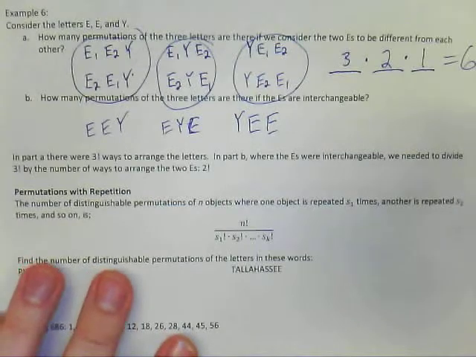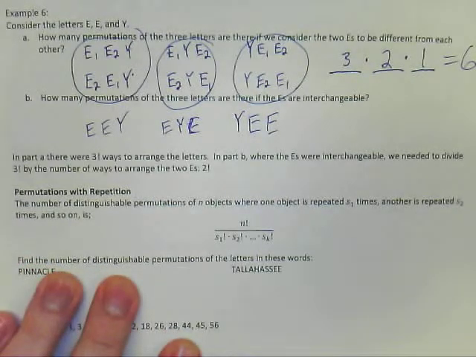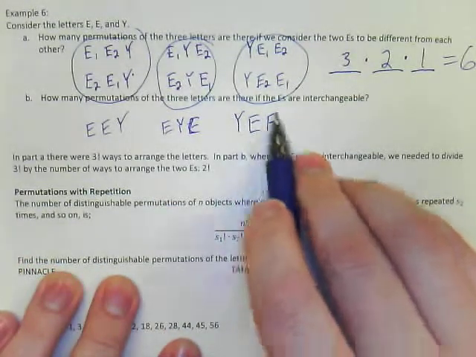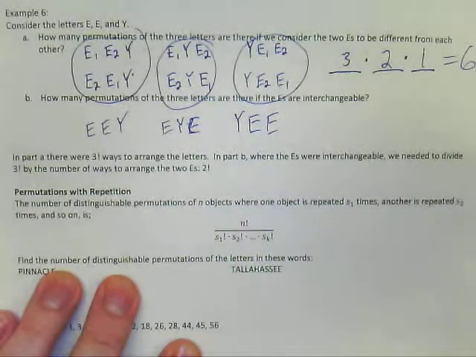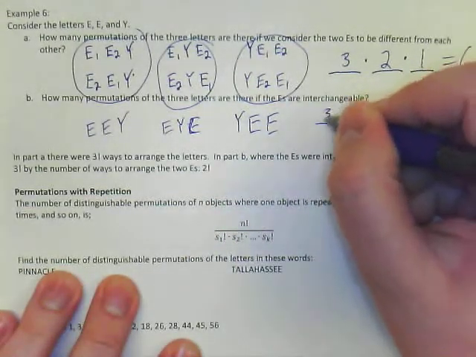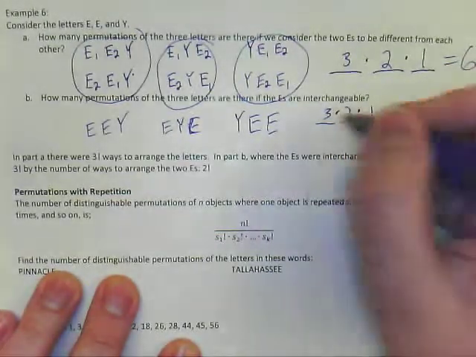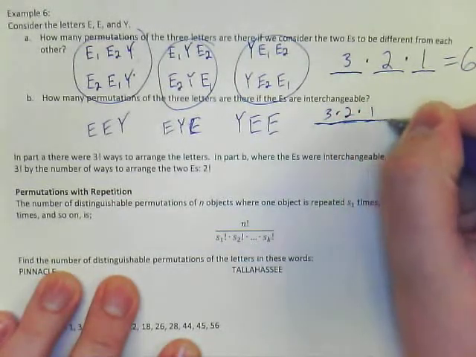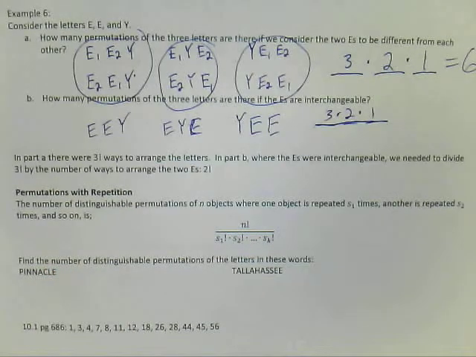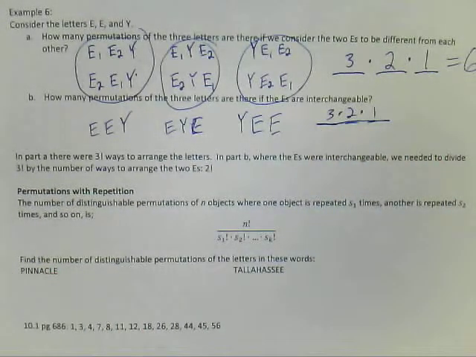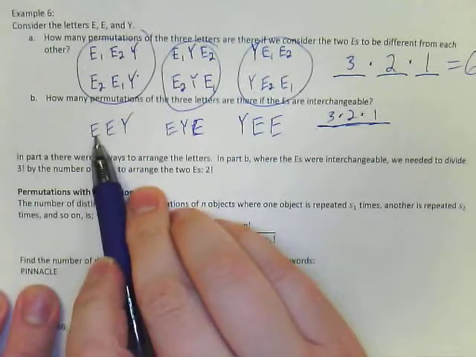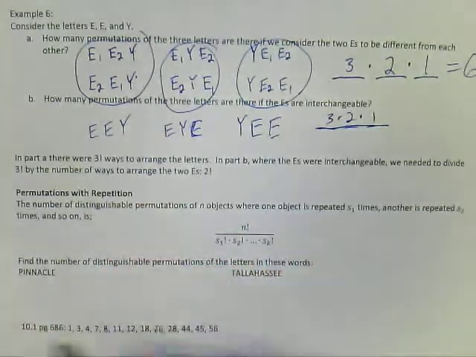So what we're going to do then is we have to actually divide by the number of ways to arrange those E's. So we can do the same calculation. So we've got 3 options for the first spot, 2 options for the second spot, 1 option for the last spot. But then what we need to do is uncount some of these extras that we've counted. So if we do this, we've counted too many things because we've counted these E's being this way and then also swapped around.